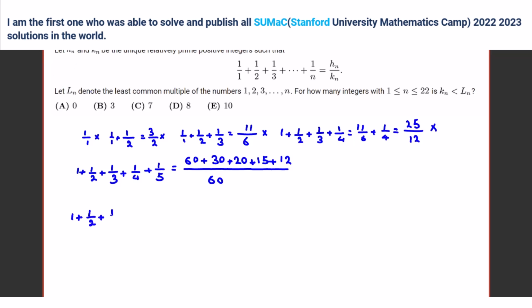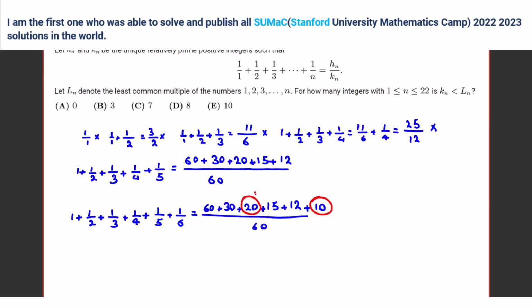Now if we check 1 plus 1 over 2, 1 over 3, 1 over 4, 1 over 5 plus 1 over 6, here it is again 60, right? But it is 60 plus 30 plus 20 plus 15 plus 12 plus 10, right? Yes. Okay. Now, for 3, this one is not a multiple of 3. This one also is not a multiple of 3. So the sum is a multiple of 3, right? Yeah.